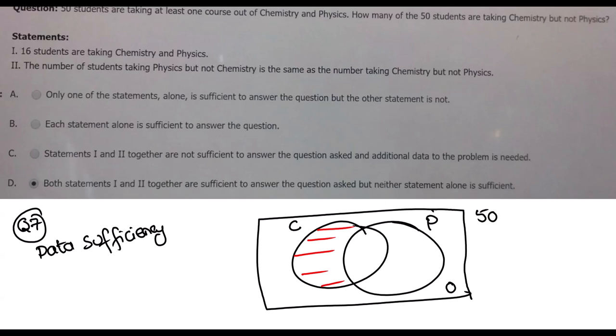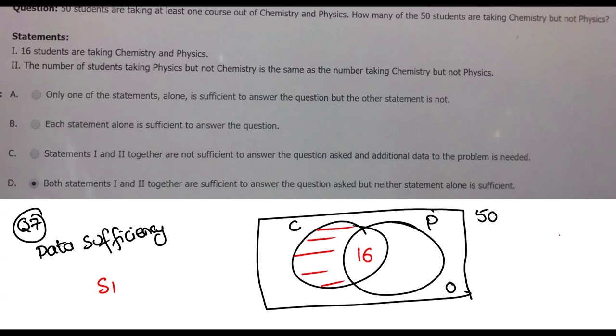Now, statement 1 is required, because 16 students take chemistry and physics. With that, I still cannot calculate how many are chemistry but not physics. One is required, but one alone is not sufficient. Now can it be done with two alone?